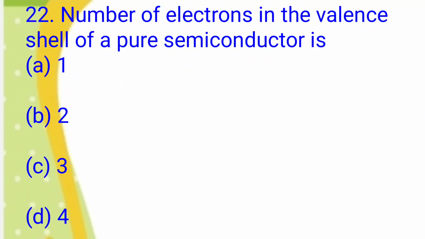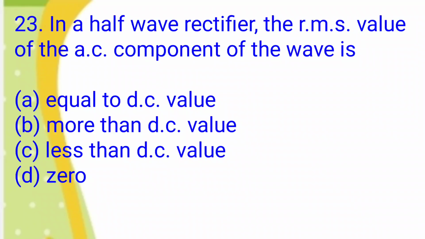Number of electrons in the valence shell of a pure semiconductor is 4. In a half-wave rectifier, the RMS value of the AC component of the wave is more than the DC value.